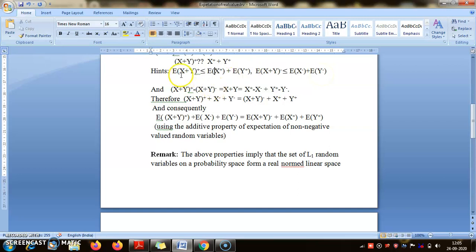So their difference is finite, and so the expectation of x plus y will be finite. So it is L1. Now this is the simple relation, I hope you are able to see why. Because we are just using the same fact that any real valued function can be written as the difference of its positive part and negative part.